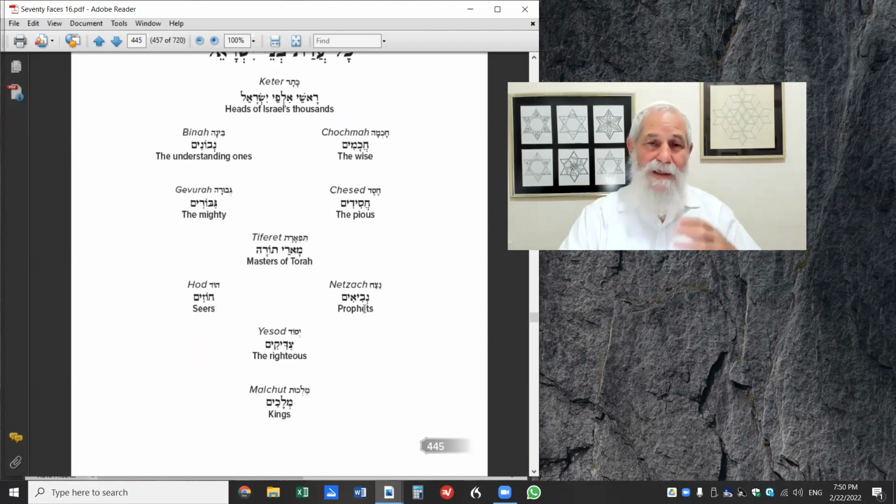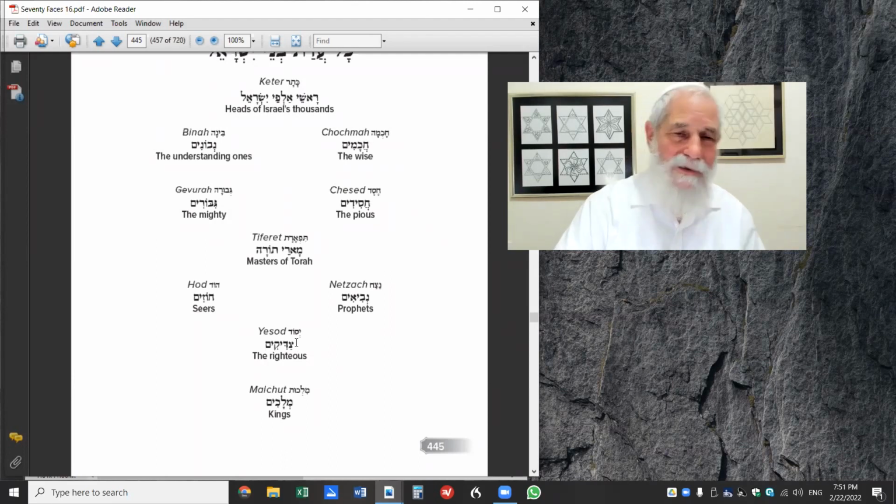And this is because, for those who have been following all the classes, we mentioned that prophecy comes from Netzach and Hod. And so here, the Zohar acknowledges that the prophets are very connected to Netzach, and they're called the seers. The ones who can see into the future are Hod. Tzadikim is Yesod, because we have a verse, Tzadik Yesod Olam.